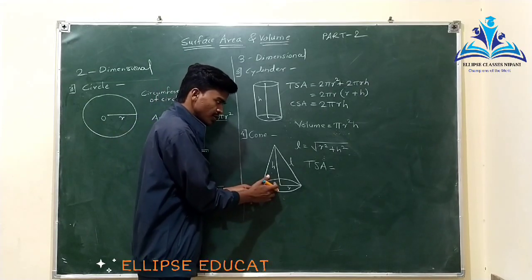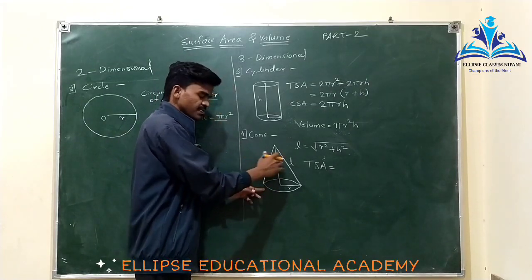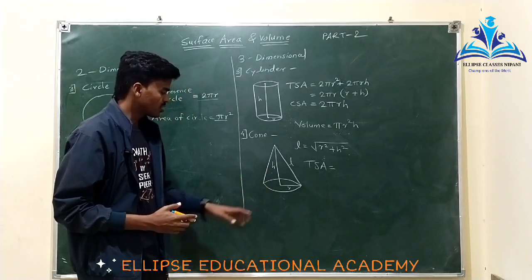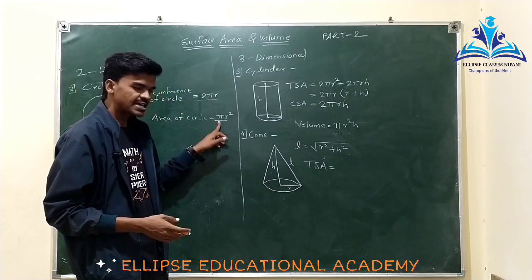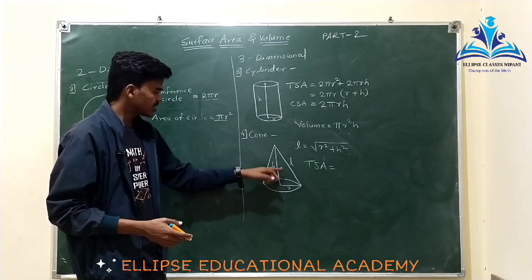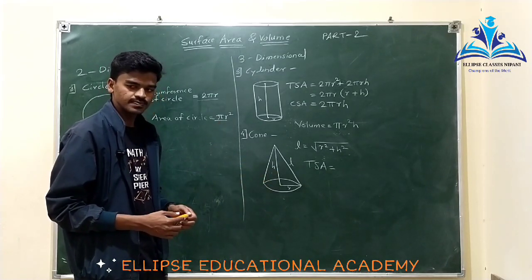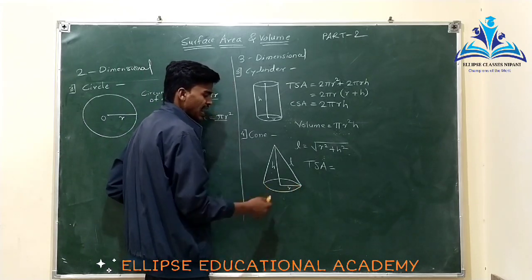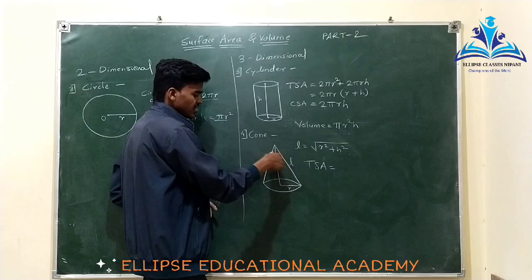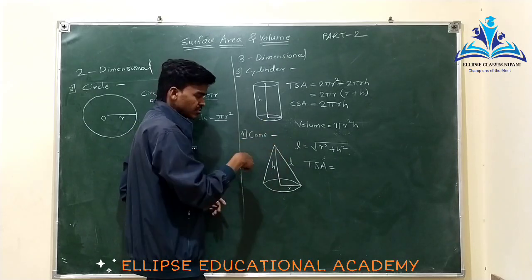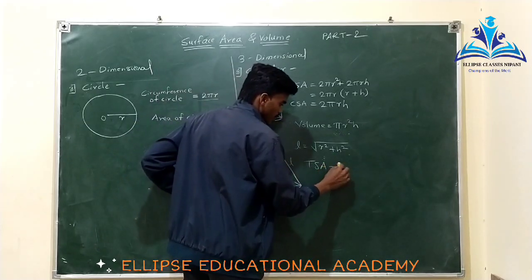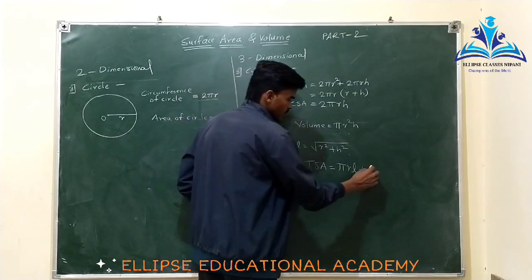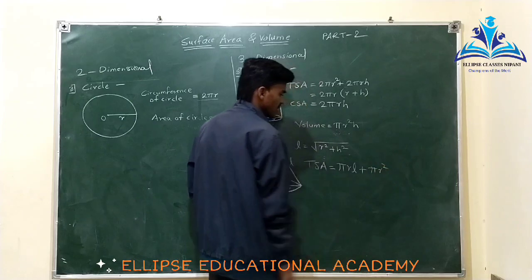This circle and this curve surface together make the total surface area of the cone. We know the circle area is pi r square. What about the curve surface area? The curve will be pi r l. So it becomes pi r l plus the circle, pi r square.